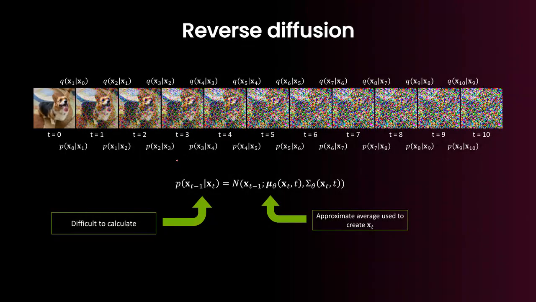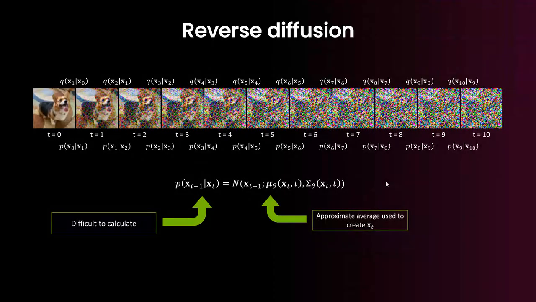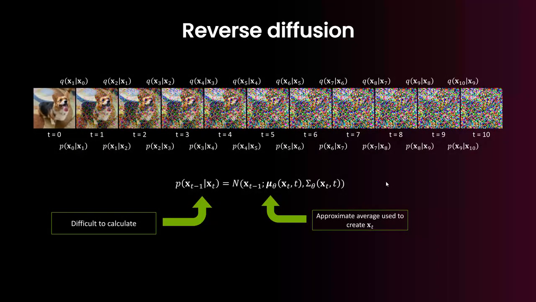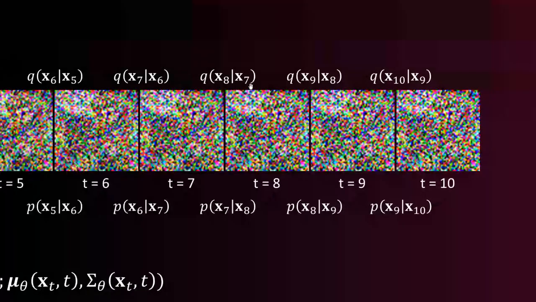So here, this mu theta parameter refers to the average image at the timestamp before, as we are reversing the dependency from the forward process. In the forward process, the x10 image is dependent on the x9 image, but in the reverse process it's reversed.